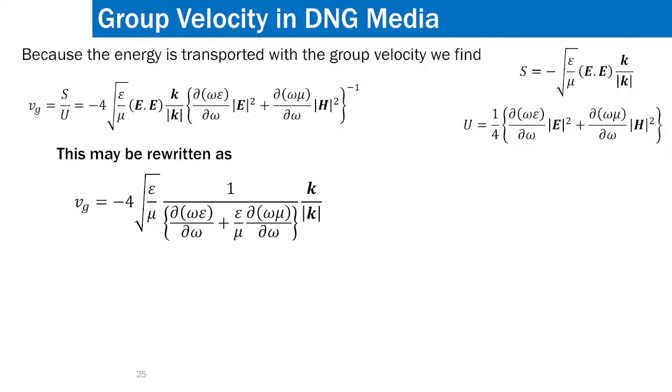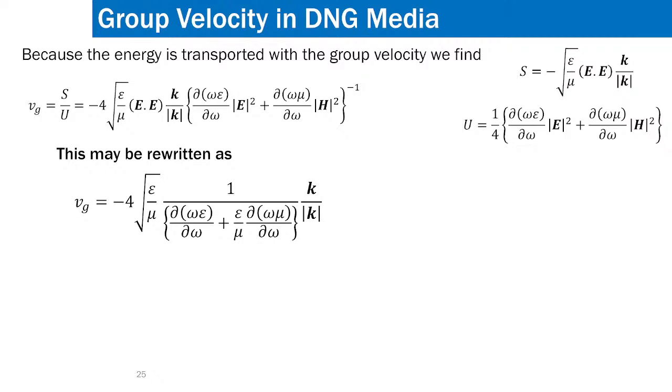Now if you look at this, the group velocity is negative here. Group velocity is negative means it is in the negative direction of k. So k is in the negative direction of the Poynting vector. So group velocity is in the direction of the Poynting vector. So Poynting vector and group velocity, they are in one direction.